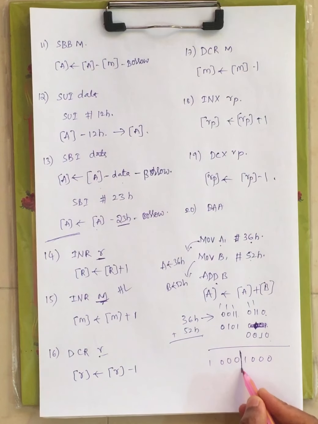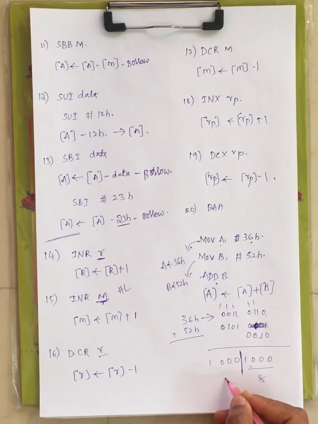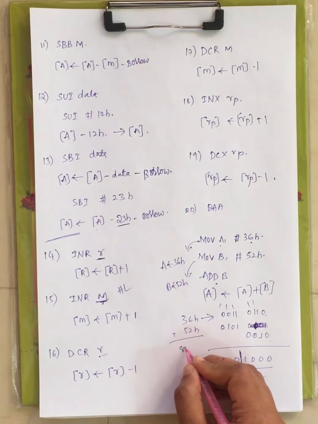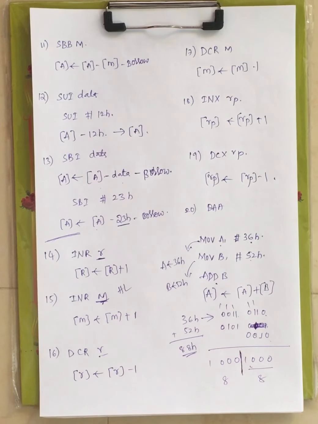To represent the result in hexadecimal form, divide it into groups of 4 bits. Now this is 8, and this is 8. So the result is 88H. This is how we perform the addition operation.